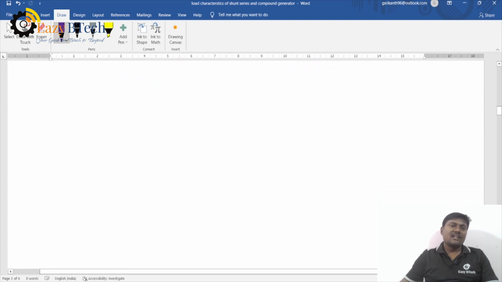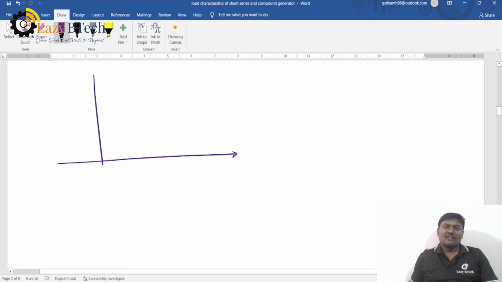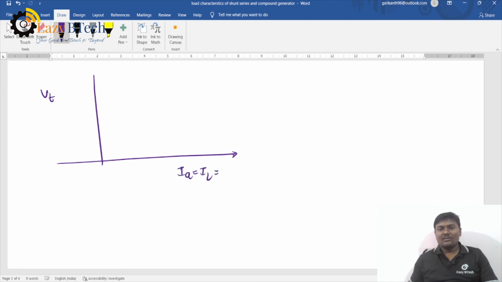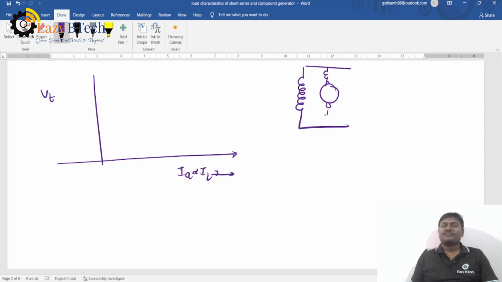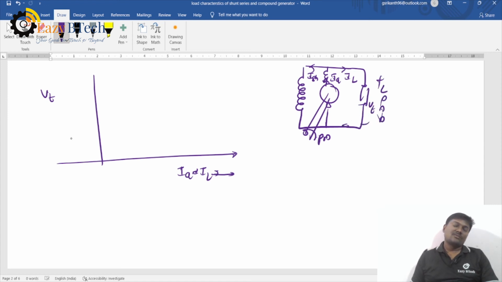If you draw the characteristics, Vt versus Ia, where Ia is approximately equal to IL. So you can take either a long shunt or short shunt connection for analysis. The current delivered from the armature is Ia, the current flowing through the load is IL, and this is the shunt current. Here I am connecting a load, and the voltage applied across it is Vt.